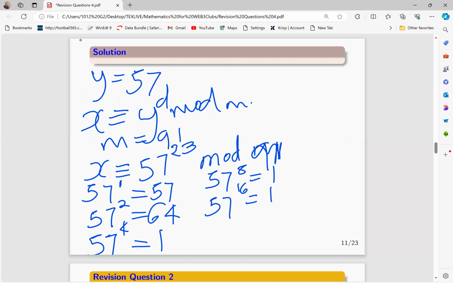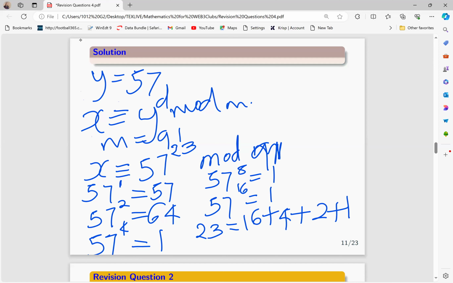Now I'm going to express 23 in terms of the powers we have. To get 23, I need 16 plus 7. 7 is not here, so we go with 4 as the next one, plus 2 plus 1.